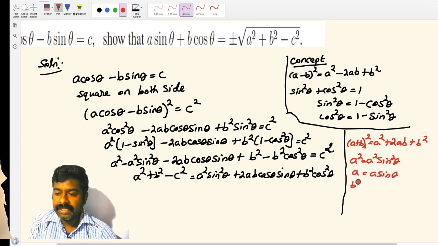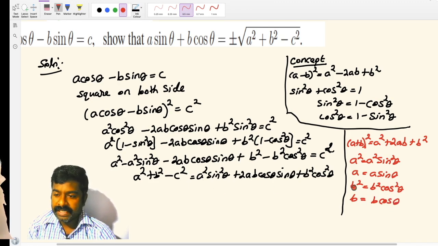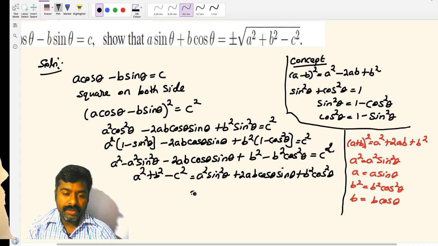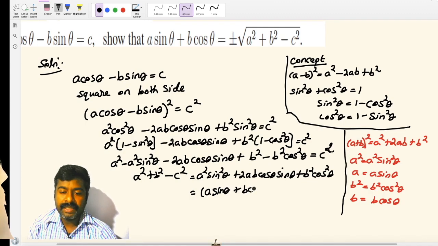And b square equals b square cos square theta, so b equals b cos theta. Therefore it is in the form of a sin theta plus b cos theta the whole square.